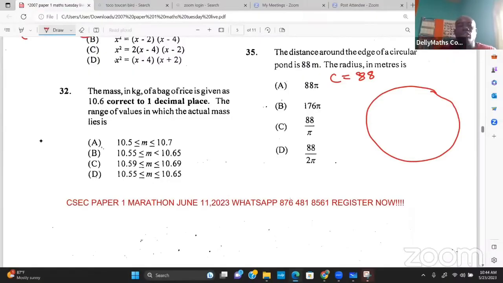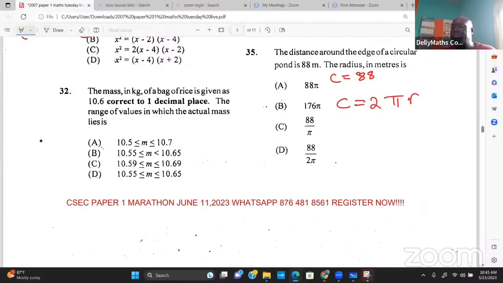So what we want to do is set up what we do know. We do know that circumference is equal to 2 pi r. Now, I was told that the distance along the boundary was 88, which means that 88 is equal to 2 pi r. My intention is to find the r, so I'll divide both sides by 2 pi.